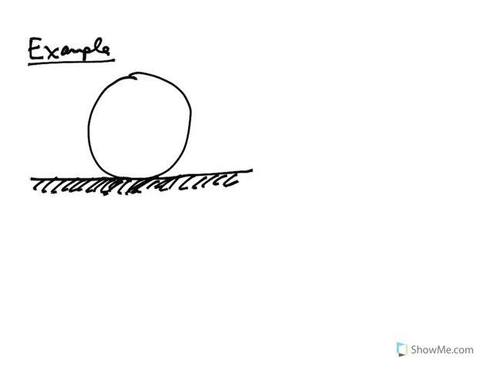Okay, now I'm going to label the point of contact here as C. I'm going to call the center of the disk O. And we're going to look at the velocity and acceleration of point C as viewed by an observer fixed to the ground. Now, in order to do that, I'm going to define the angle that the disk rolls as the angle theta.